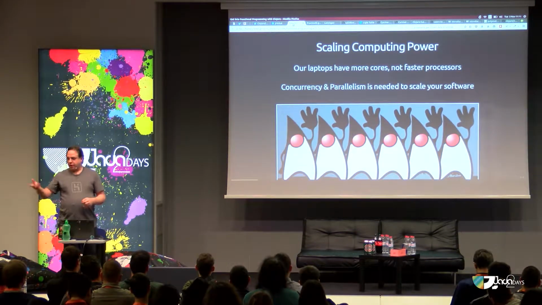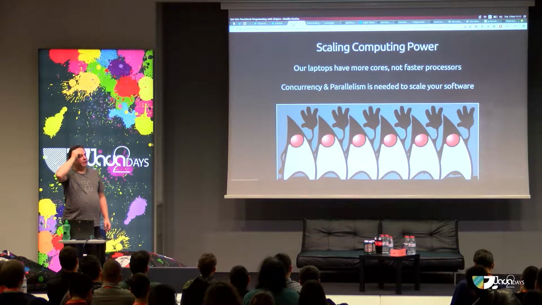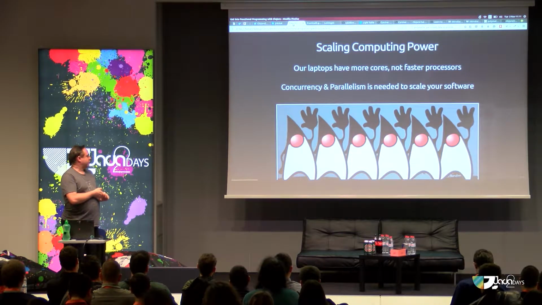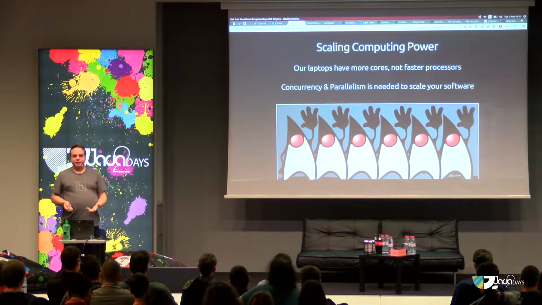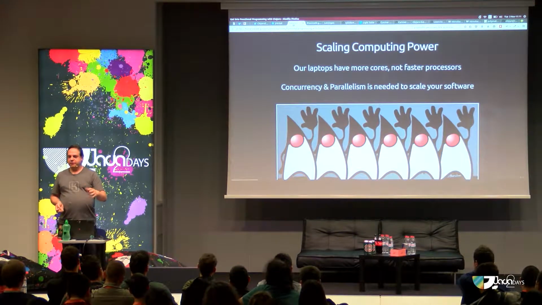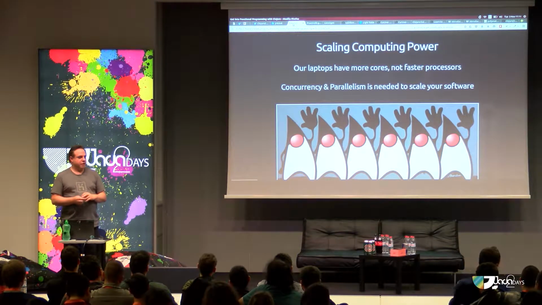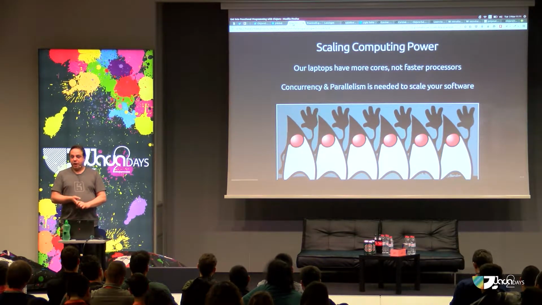And again, from the previous talk, scaling is one of the biggest motivating factors now. So our processors aren't getting any faster. They usually top out at about 3 gigahertz clock speed. So the way you get more processing power in your laptop is by having more cores. So if you've got a Mac, you've got 4 cores in it.